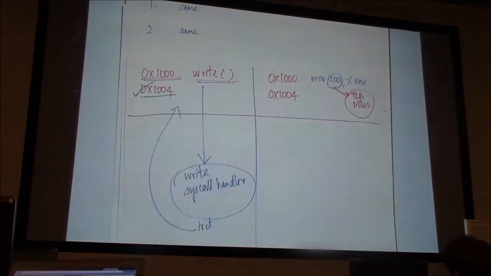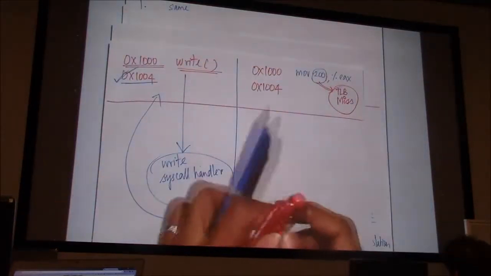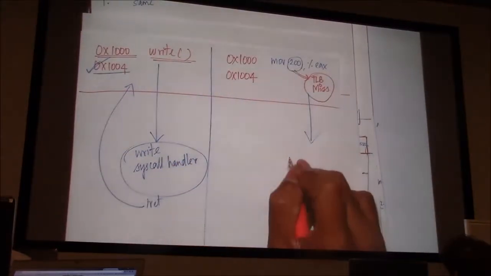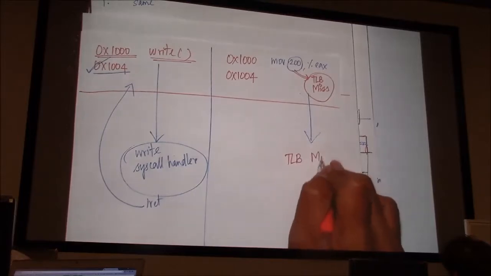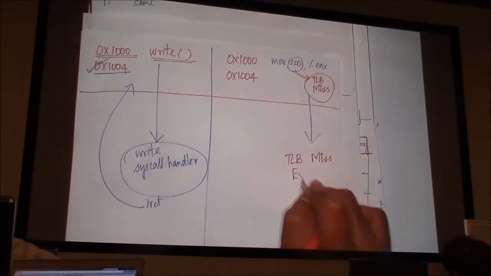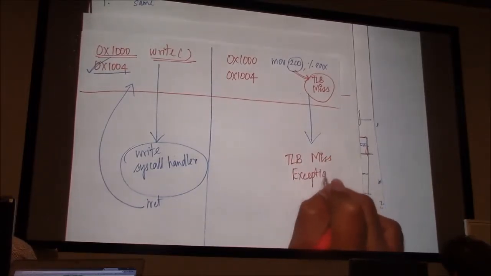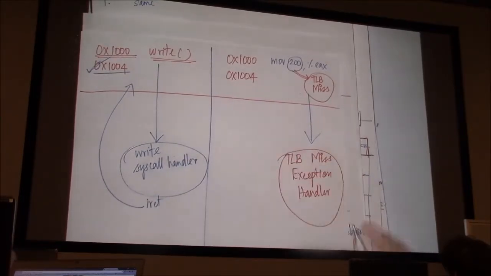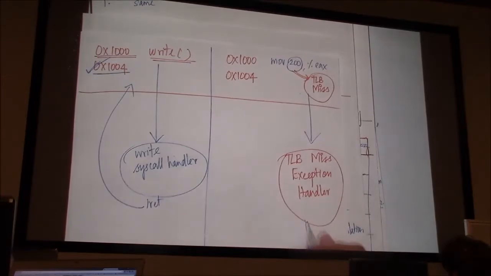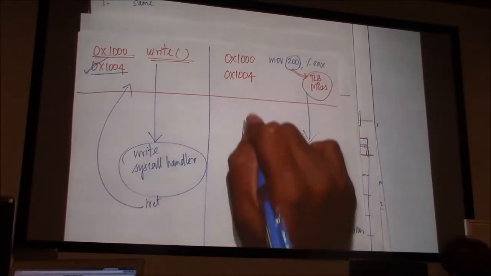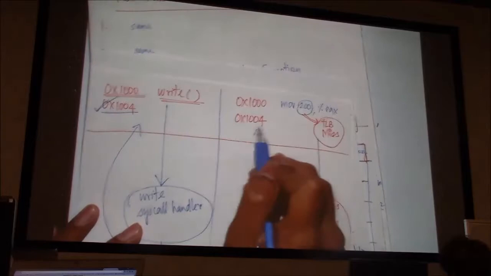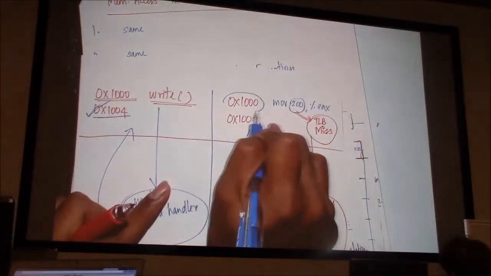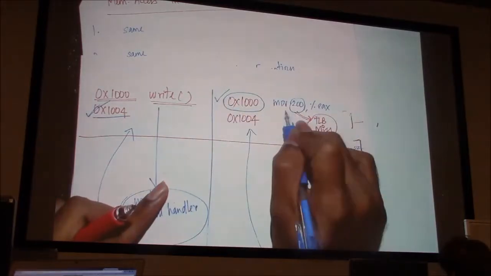But in this case, when we just trapped into the operating system due to a TLB miss, we are running a TLB miss exception handler. And after we run this TLB miss exception handler, when we do an IRET or return from trap and go back here, we are not going to execute 1004, but instead we are going to execute this particular instruction again.